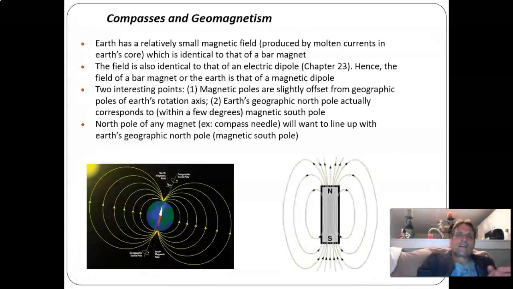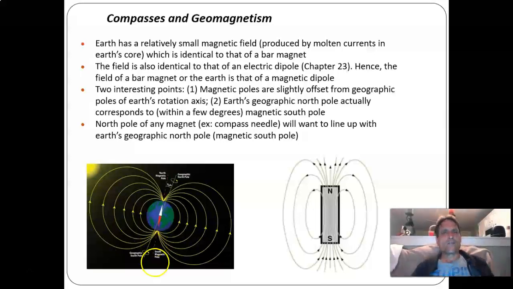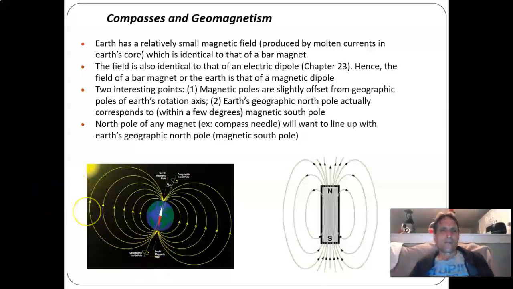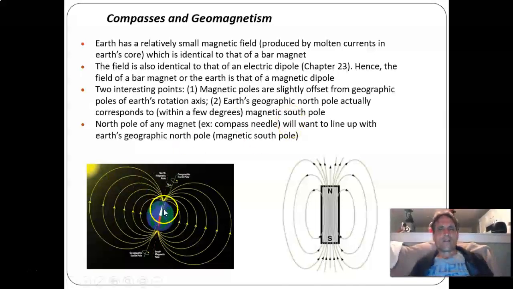So we've said that the compass will point along the direction of the magnetic field. If you've been out hiking and you've used a compass, you've probably observed that the compass will guide you north. The compass points north. Why is that? Well, if you look here, the Earth behaves like a bar magnet, and so the Earth's field is identical to that of a bar magnet, except there's a couple differences here.